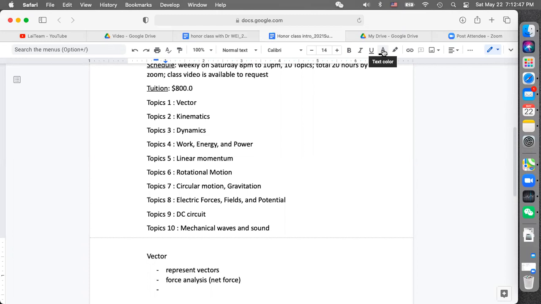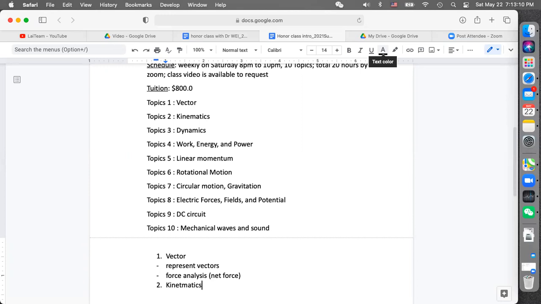So, okay. Topic 2, kinematics. For this one, let me be a little organized, shall we? So vector. For kinematics, at a high level, you want to describe moving objects.